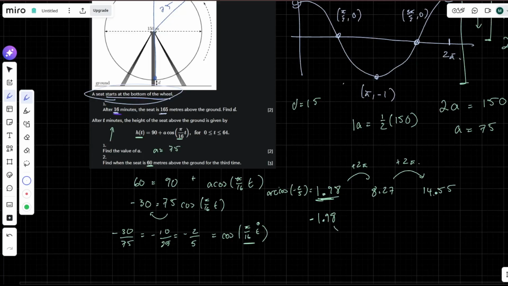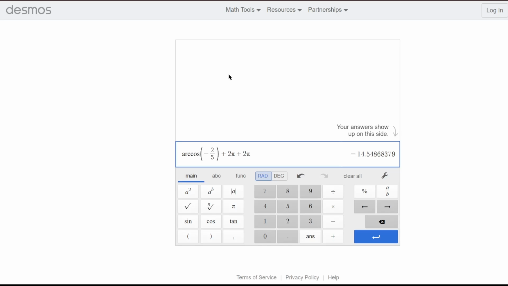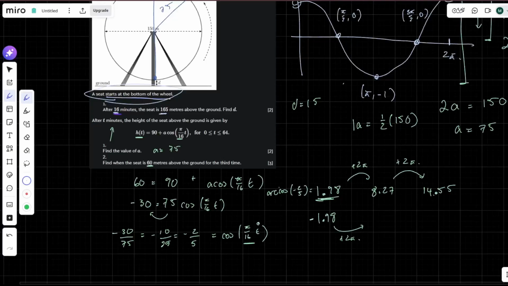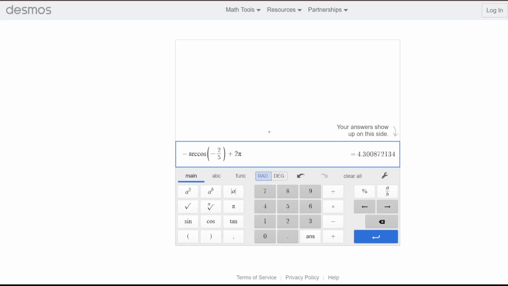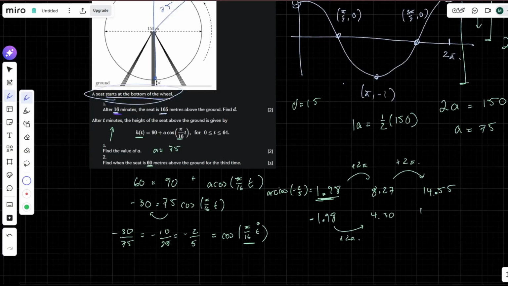This will also repeat every 2 pi. So if we add in negative 1.98 and then go in and get these other solutions, first I'll add one set of 2 pi, that is 4.30. And then we go in again with another 2 pi, that is 10.58.